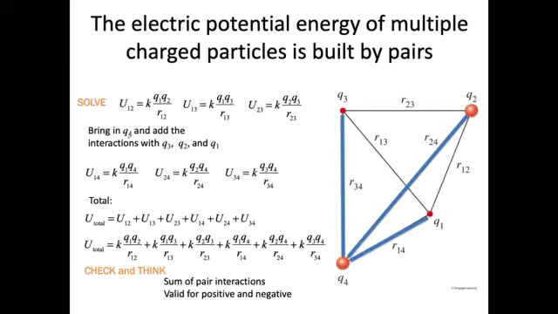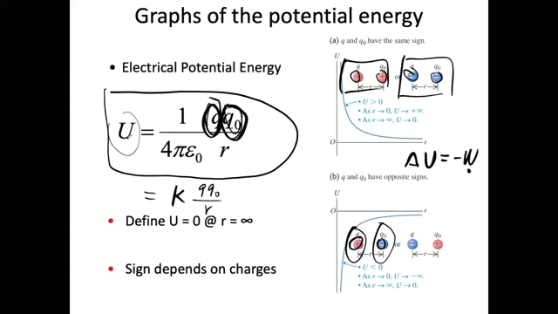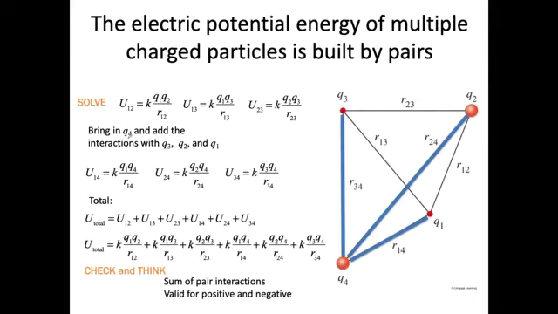So you calculate each of those pairwise electric potential energies using the equation we have, K Q1 Q2 over R, and then add every pair's potential energy together, and you find the total electric potential energy.